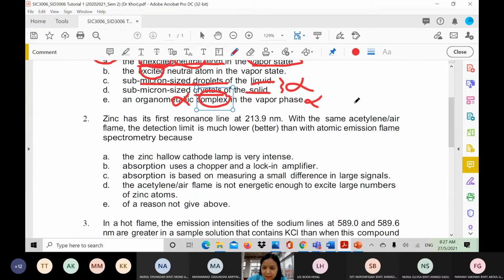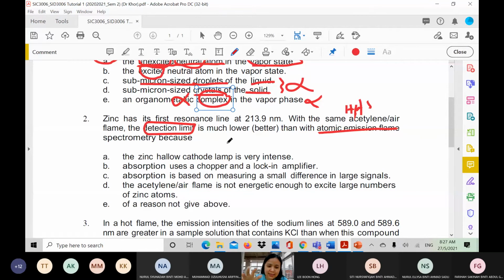AAS compared with AES flame, right? When we talk about detection limit, it is about the sensitivity of detection, how low we can detect, right?